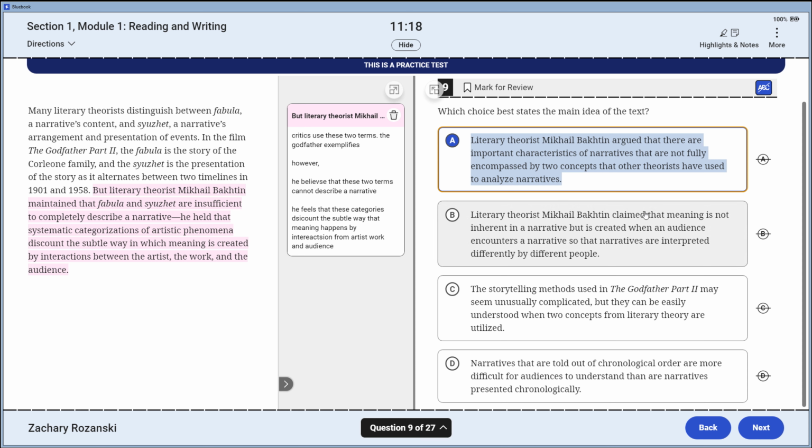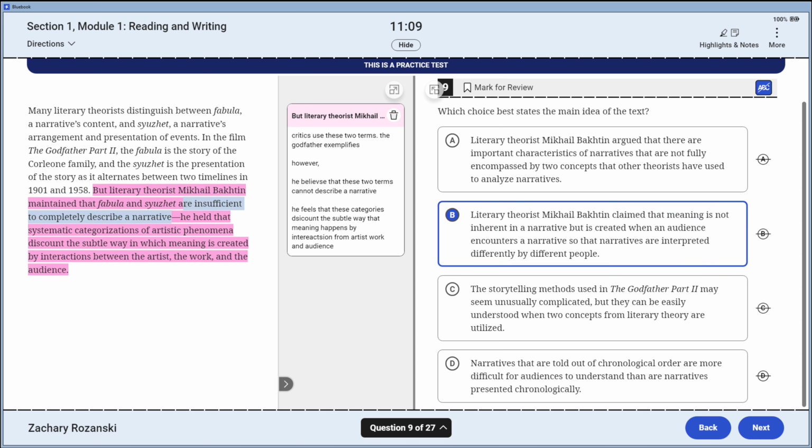Literary theorist claimed that meaning is not inherent in a narrative. Maybe that's what that means. Sure. But he's yapping about the terms. So this loses his gripe about the terms, which is what all this is doing, but is created when an audience encounters a narrative, so that narratives are interpreted differently by different people.